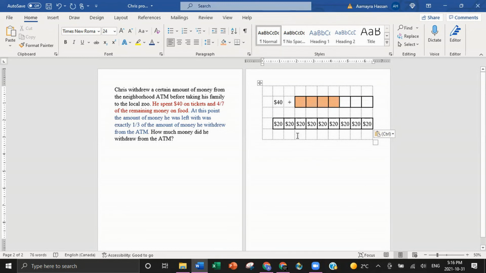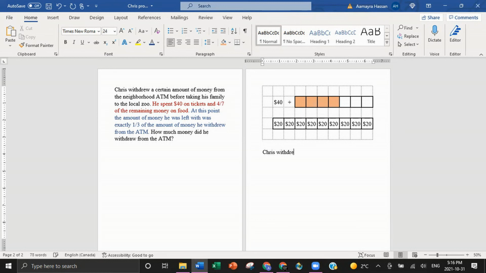Right, so we know that the money he has is in nines, and each cell is $20. So we have 9 cells, and each one is $20, meaning he should have $180 in total. So the amount of money he withdrew from the ATM is $180. And we'll write that below.